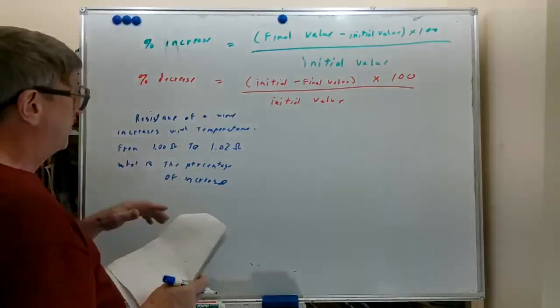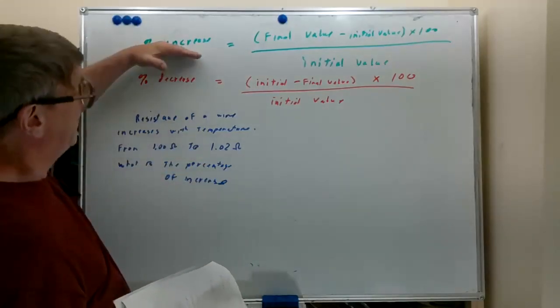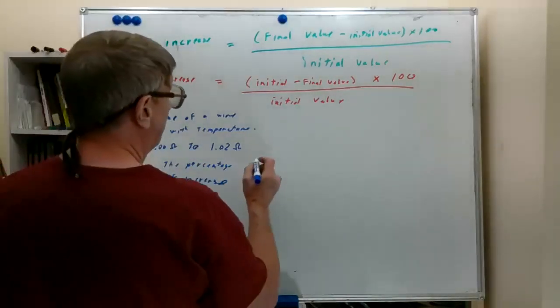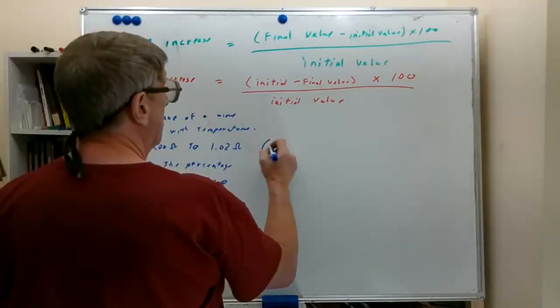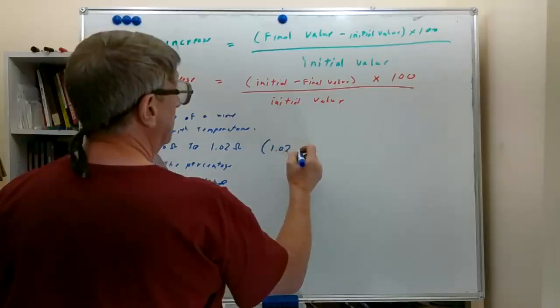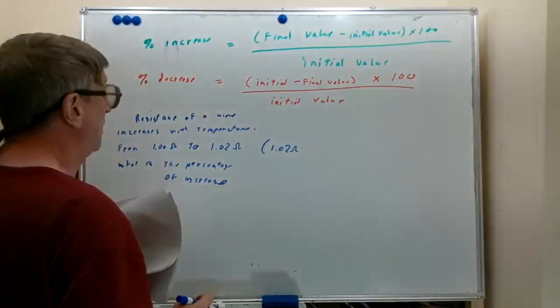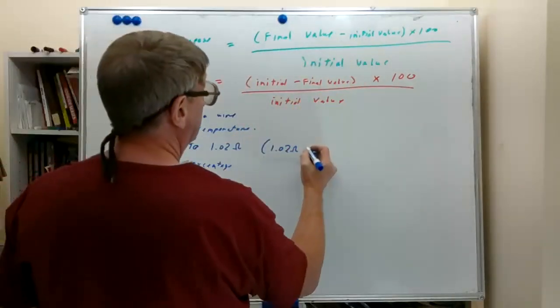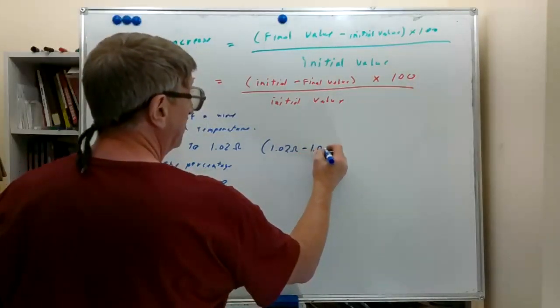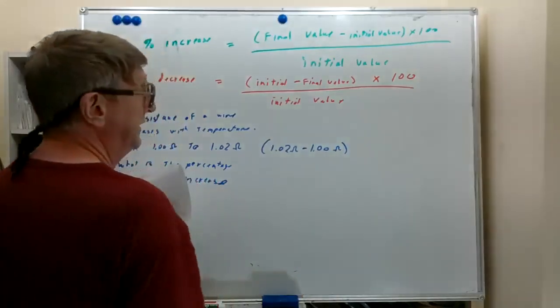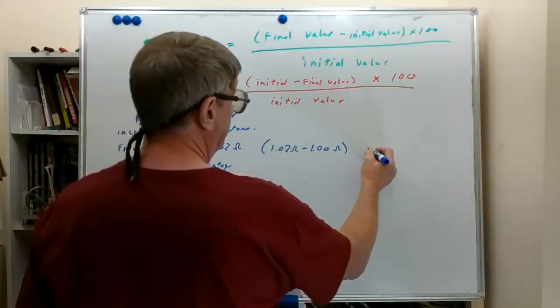So, if we were looking for percentage of increase, let's use that formula. Well, what was our final value? Our final value was 1.02 ohms. Our initial value, subtract from that, was 1.0 ohms. And we again want to multiply it by 100.